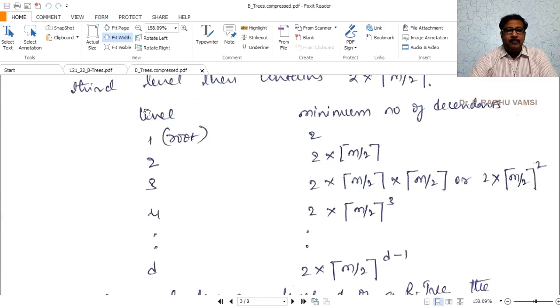So in this way, at level 1, the root can have a minimum of 2 descendants. At level 2, 2 into m by 2. At level 3, 2 into m by 2 into m by 2, or 2 into m by 2 square. At level 4, 2 into m by 2 cube. Like that at level D.